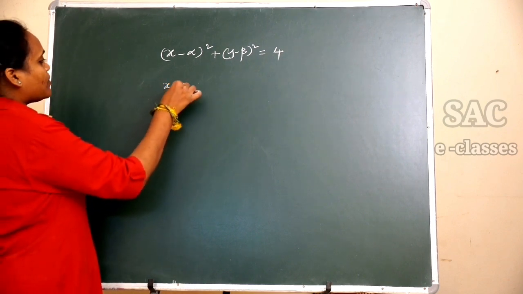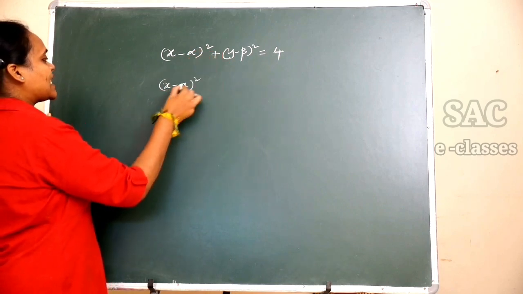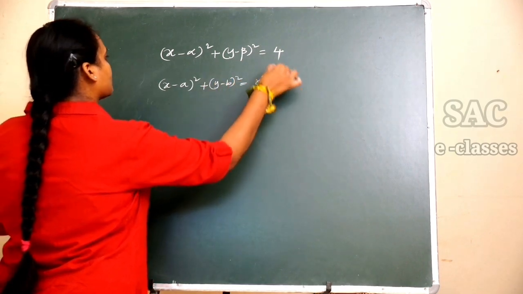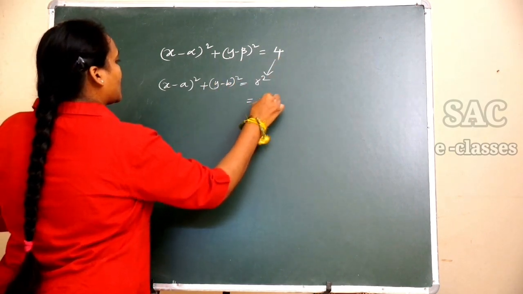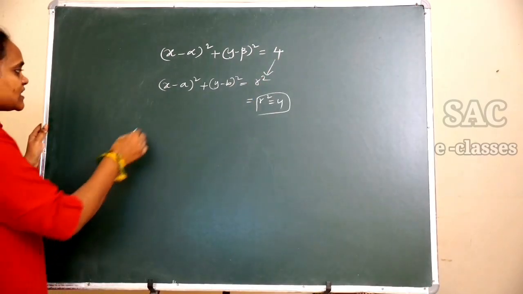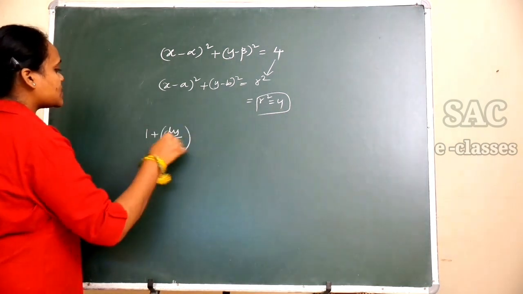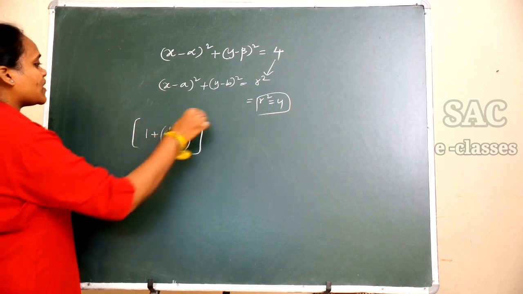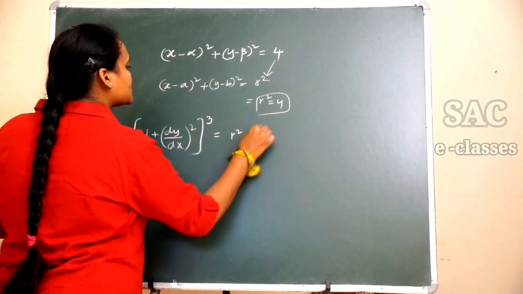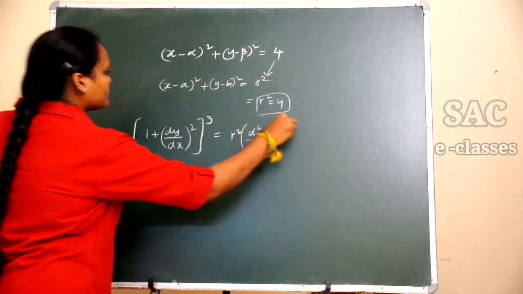In the previous problem also we dealt with this kind of model, that is (x minus a) whole square plus (y minus b) whole square is equal to r square. Let me assume that the r square value is 4. Whenever the situation is like this, we got (1 plus (dy by dx) whole square) whole to the power of 3 equal to r square into (d square y by dx square) whole square.